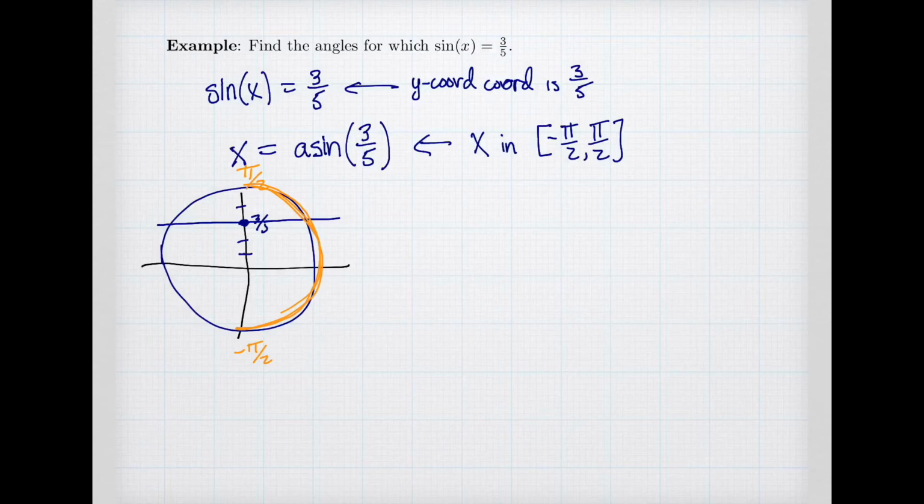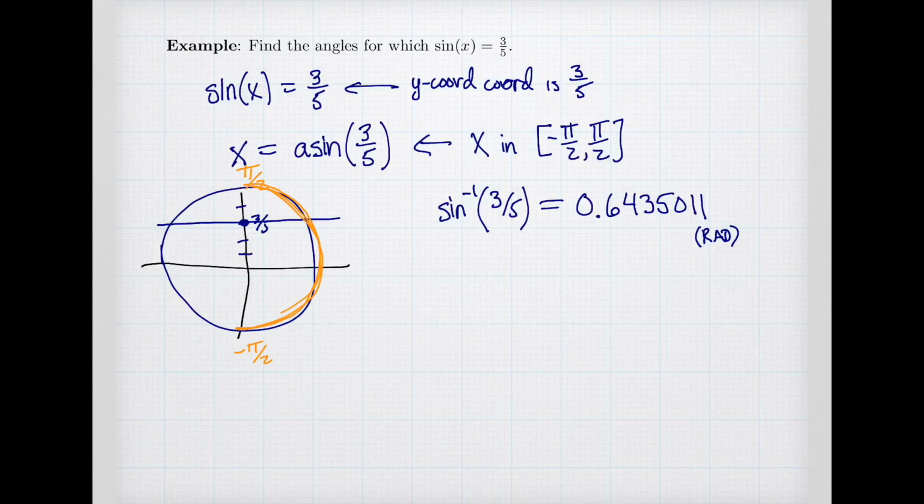So when I solve this equation on a calculator, if I punch in the arc sine of 3/5, it would give me a value. Let me find the decimal value on my calculator. My calculator gives me back a decimal value, because it's not exact, this is an approximation, of 0.6435011. Now, it's important that you make sure your calculator's in radian mode, because we're doing radians. Many calculators by default are in degree mode, so you need to be sure you switch to radian mode.